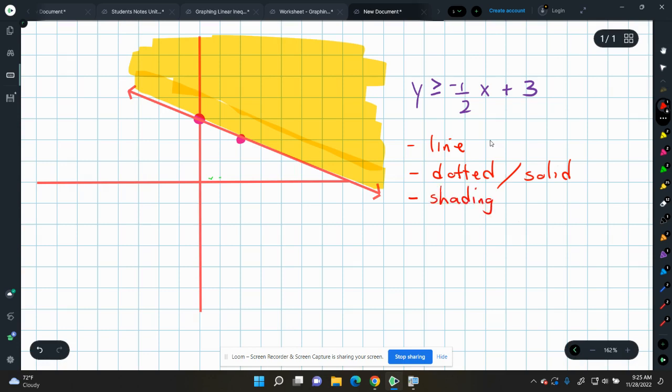So there'll be 3 parts to grading each problem. If the problem is worth 9 points, then 3 points for graphing the line correctly, 3 points for solid or dotted, 3 points for shading, okay? And then I will probably ask you questions like, is this point part of the solution? Okay. So that will be tomorrow's quiz.